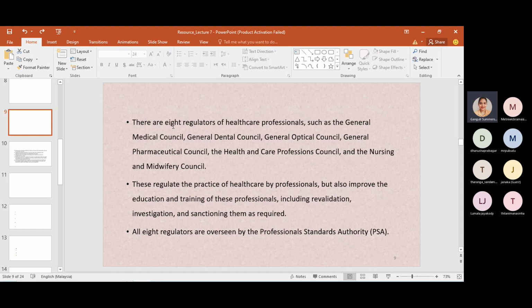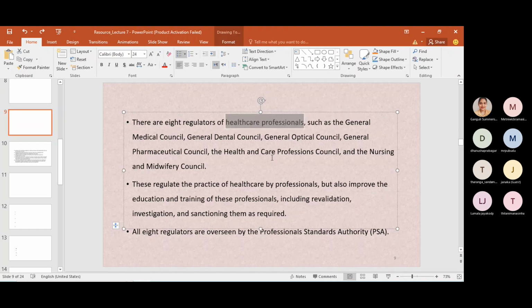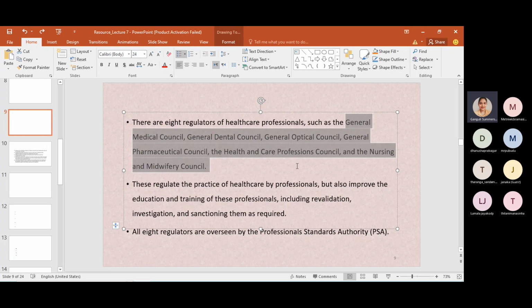So for healthcare professionals in the UK, there are 8 regulators to regulate the healthcare professionals. Okay, so the General Medical Council, General Dental Council, General Optical Council, General Pharmaceutical Council, the Health and Care Professions Council, and the Nursing and Midwifery Council.